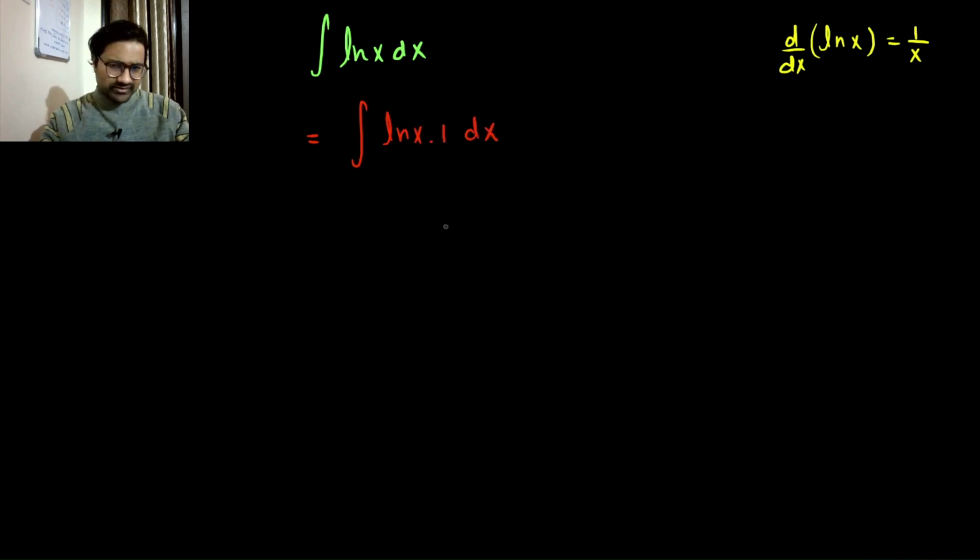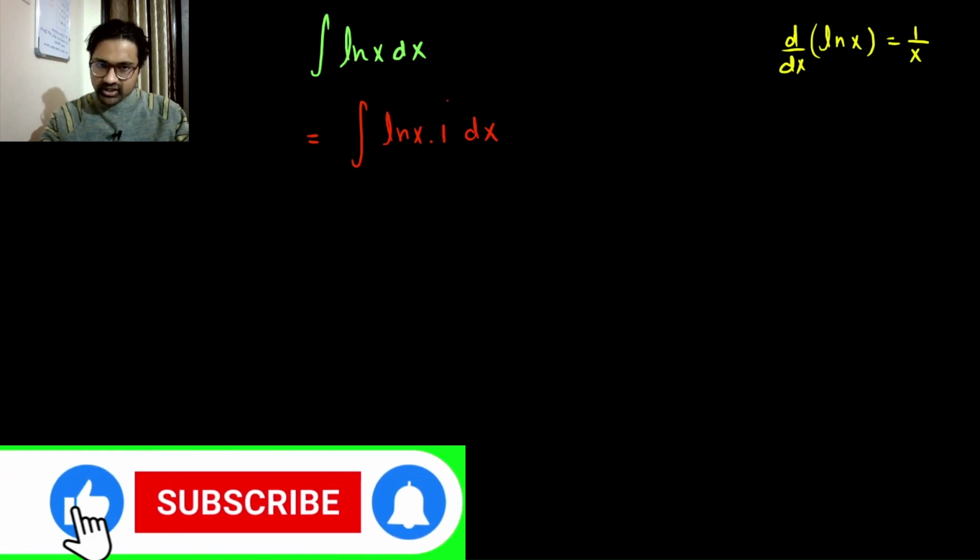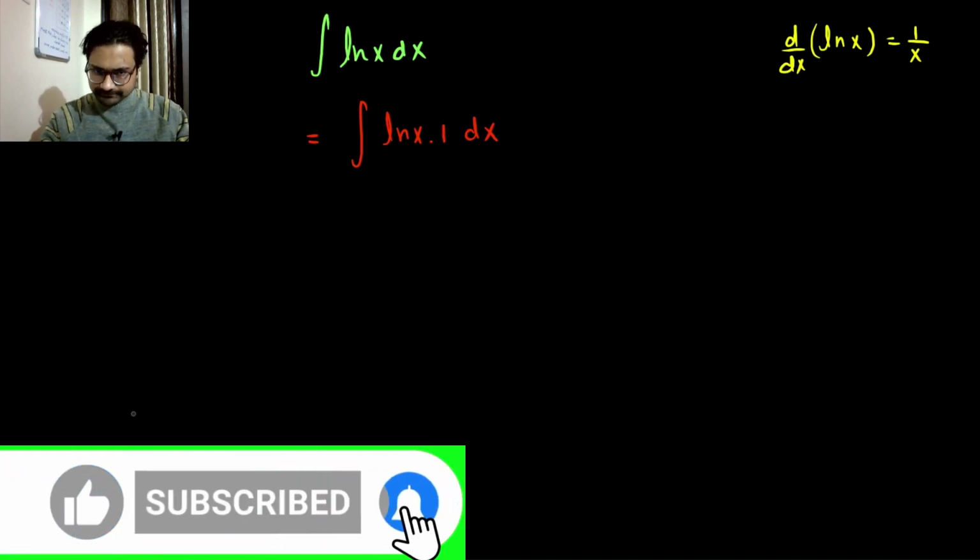Can I write it like natural log of x times 1 times dx? I think I can, because it doesn't change the question. Now this gets converted into integration by parts, because there is natural log of x as one function and 1 as the other function.